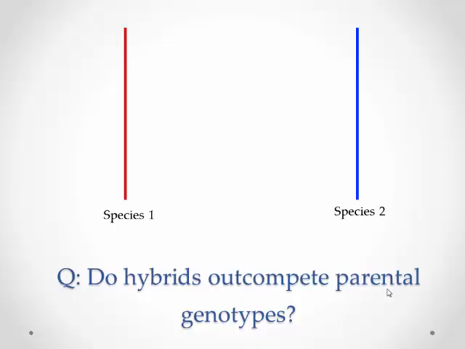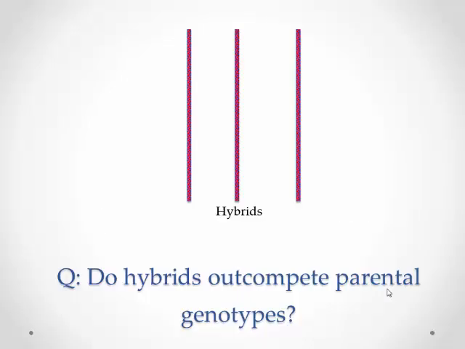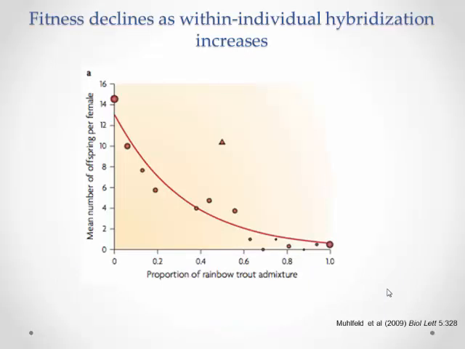So we might not be able to see this in a cryptic species from the phenotypic level, but from a genetic perspective, you can pick up on loci from both species, and we could pick up potentially on hybrids replacing their parental genotypes, or just the opposite. Perhaps, as in this case, this is rainbow trout, where within an individual, as hybridization increases, fitness decreases.